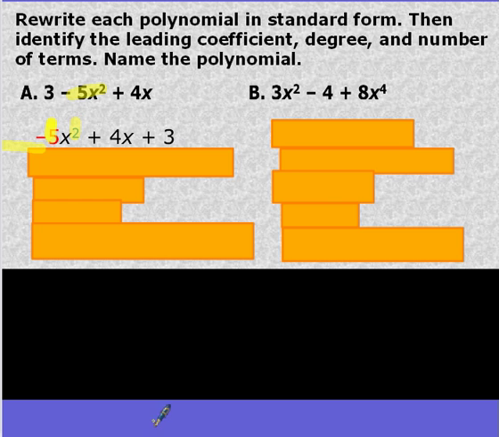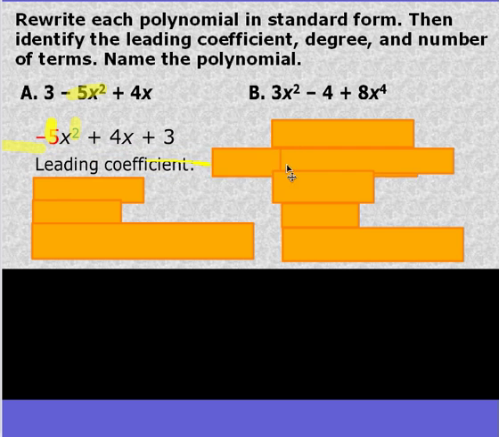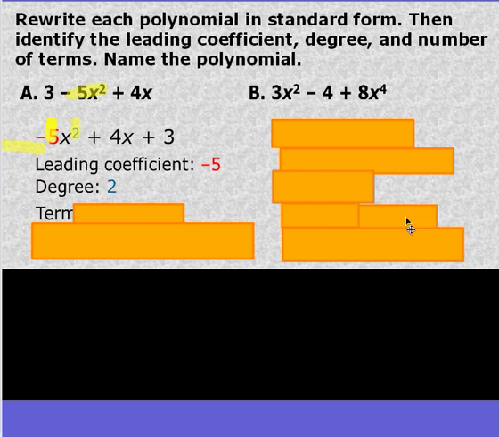So leading coefficient is negative 5. Degree 2. Number of terms. And then we've got 3 terms, so it's a trinomial, and the highest exponent is 2. It's of degree 2, so it's going to be a quadratic trinomial.